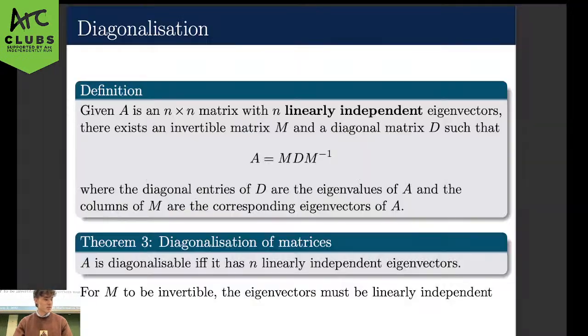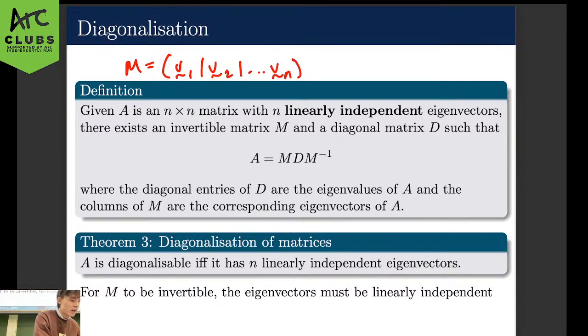So, diagonalization. If we're dealing with an n by n matrix with n linearly independent eigenvectors, then we can write two matrices, M and D. M is the matrix whose columns are defined by our eigenvectors, so if we have n eigenvectors, we should have n different columns.